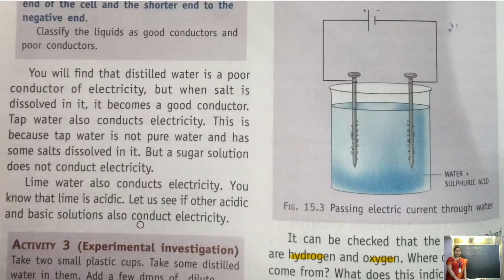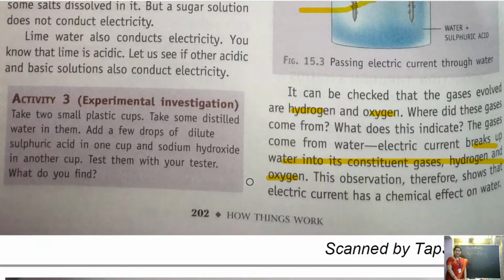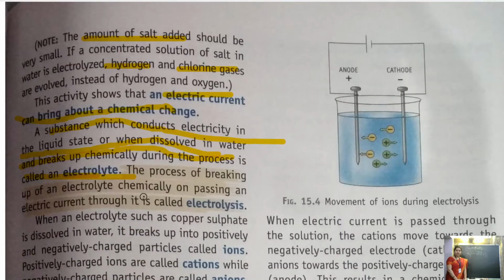So here in this figure, the water that we are using is an electrolyte. So this water is an electrolyte. It is acting as electrolyte. Getting it? So this is called electrolyte, and the process of breaking down of electrolyte chemically by passing the electric current through it is called electrolysis.